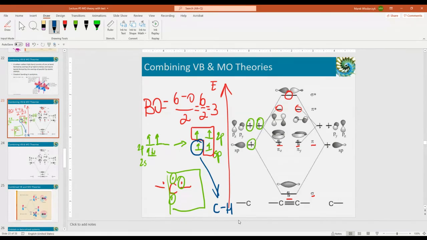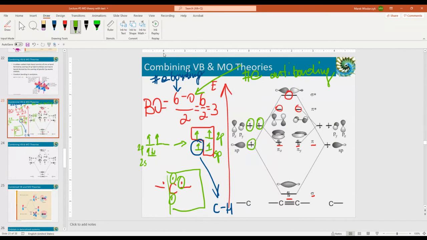Okay, bond order. The first value that you put in the equation is the number of electrons on the bonding orbitals. Bonding. Okay. The second value that you put over there is the number of electrons on anti-bonding orbitals.